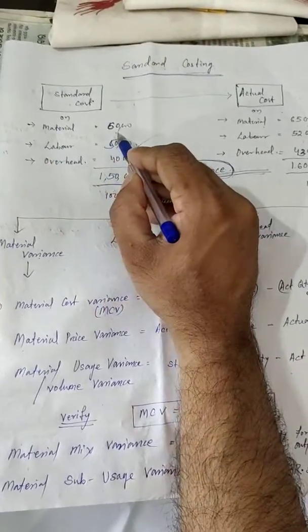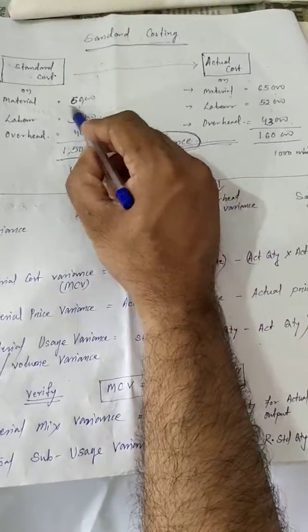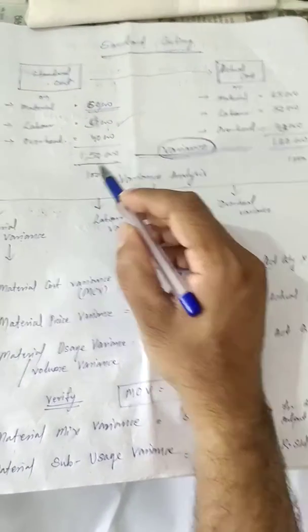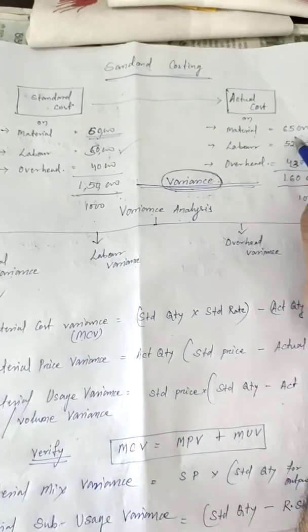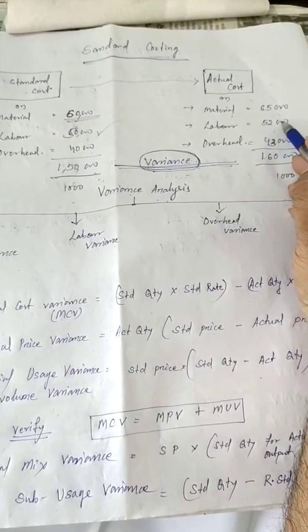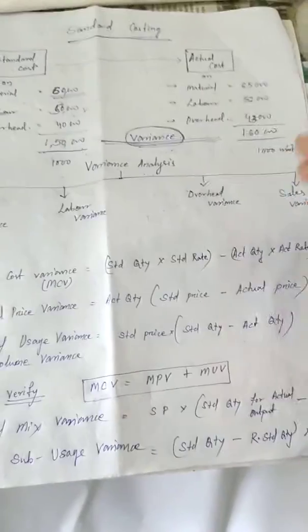Here the material cost is fixed by the management. 60,000 you have to spend to produce 1,000 units of output, but actually the company spent 65,000 on material. That means it varies by 5,000 more.